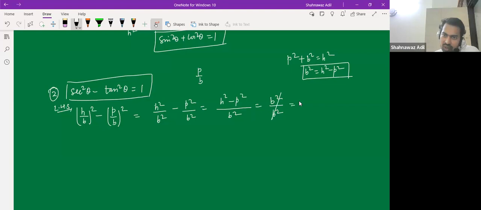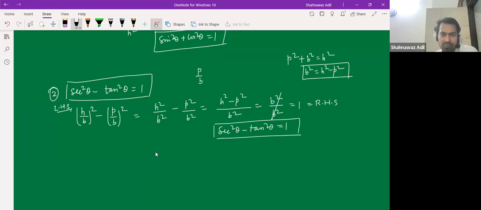So again 1, which is RHS. So this says that sec square theta minus tan square theta equals 1. So this is the second identity. Understood, guys?